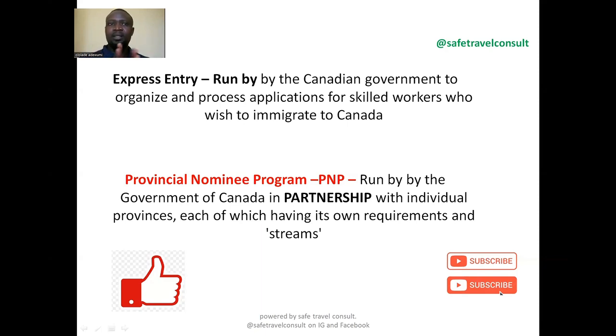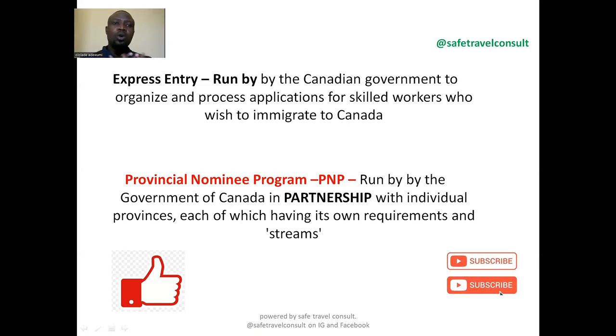Do you understand the differences now? Express Entry is general. The Provincial Nominee Program is run by each province, by different provinces in Canada. Everybody has their own requirements, their own stream of recruiting people to come and become permanent residents in their province.